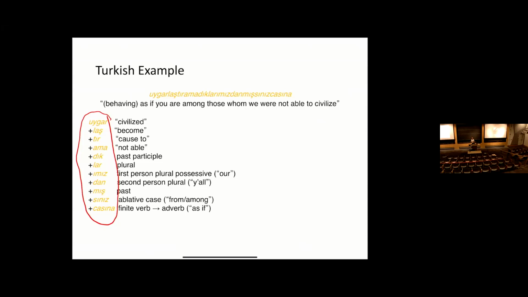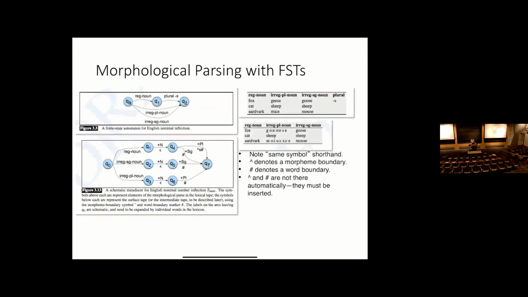Turkish has a lot of morphology, and can have big words, but it's not the only language that has significant morphology. In fact, most languages, when you move beyond the big five, do have significant morphology. So we can use FSTs to deal with this.